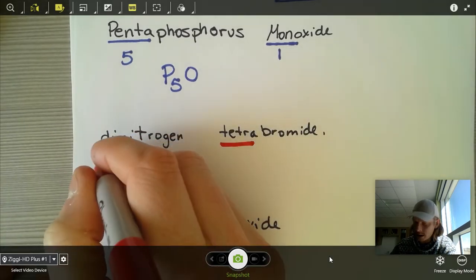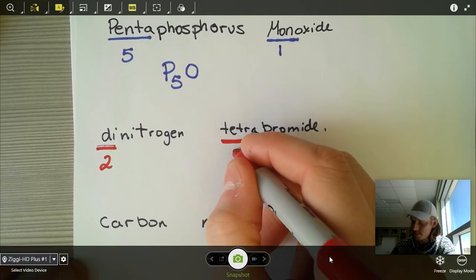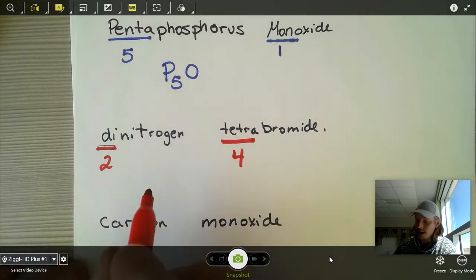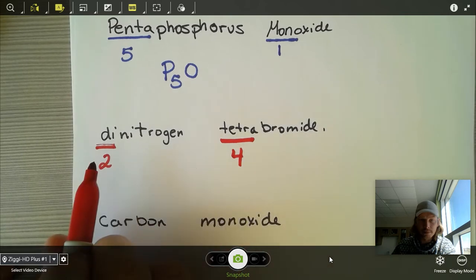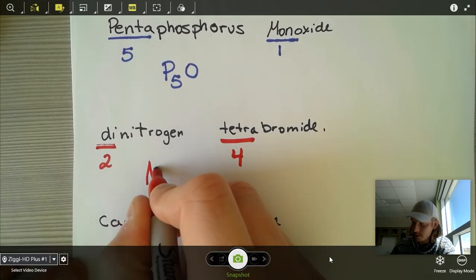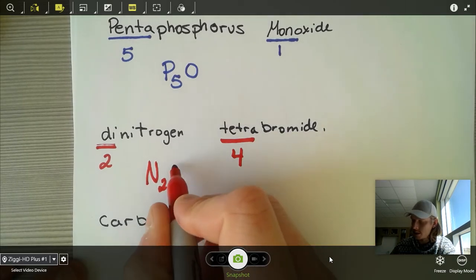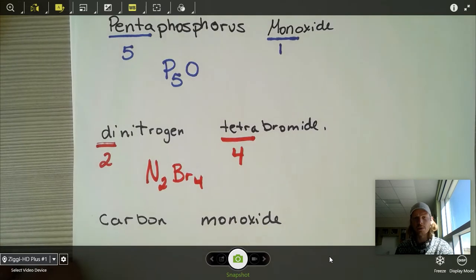Di means 2. Tetra means 4. Now we take a look at our elements, right? Nitrogen, bromine. So we have 2 nitrogen and 4 bromine. Again, we are not sure of the state, so we can't put it down.